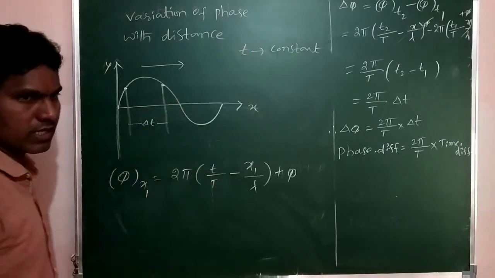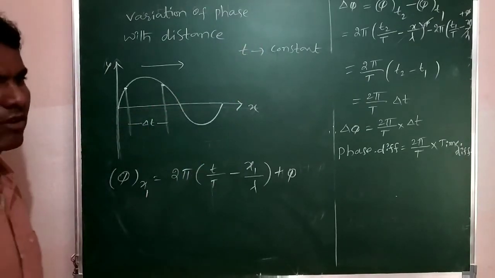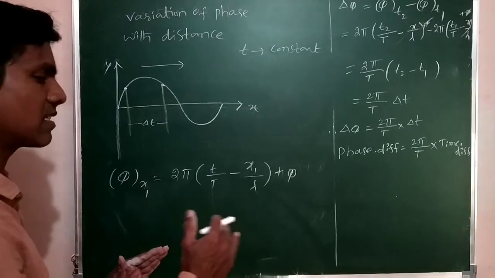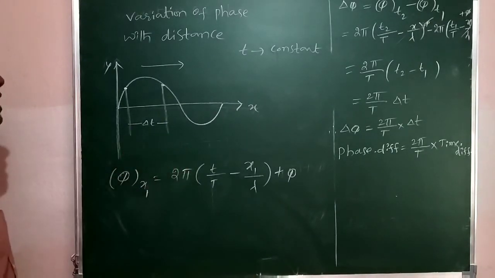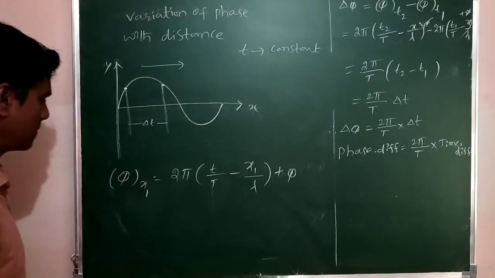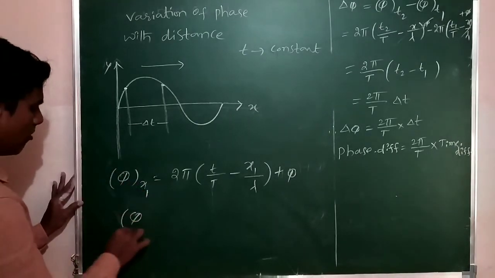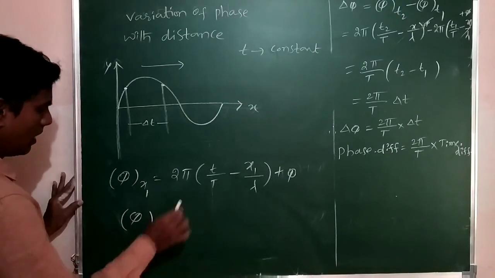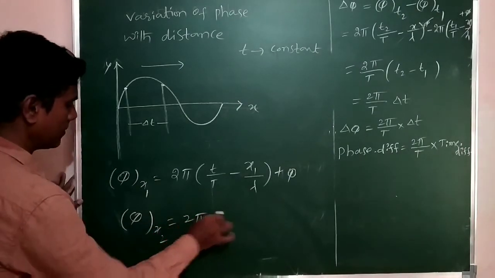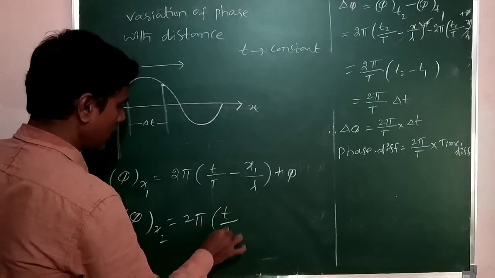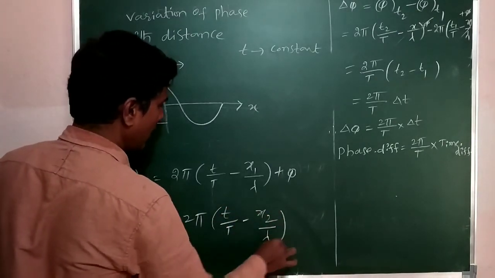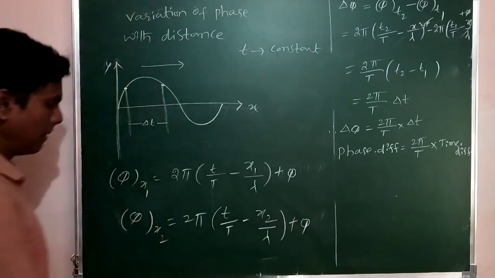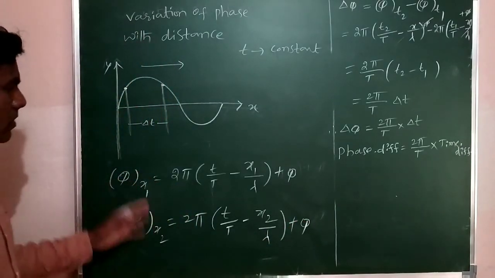T is constant, the time must be constant, the distance can be changed. When the distance is changed, we get the variation of phase with the distance. So here phi of x2 is 2 pi of t by capital T minus x2 by lambda plus phi.